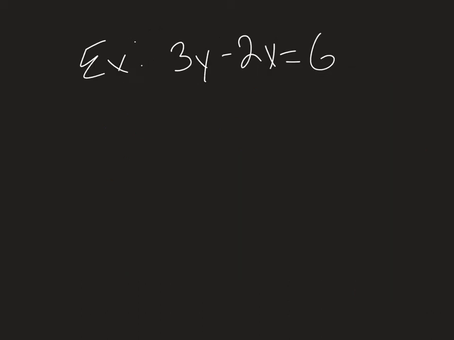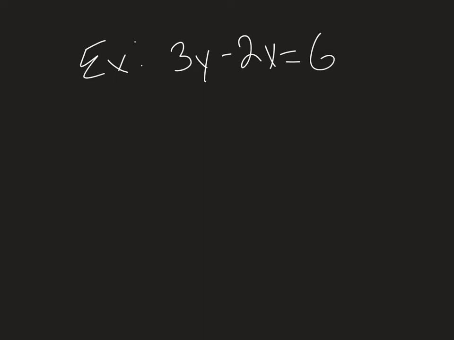So let's take a look here. Let's say we've got this equation 3y minus 2x equals 6. Now, if we think about what we had to do before with a t-chart, we either had to use algebra for every point we plugged in, regardless of which value we picked between y and x, or we would have to do some algebraic manipulation to the equation first, which that method's still valid.